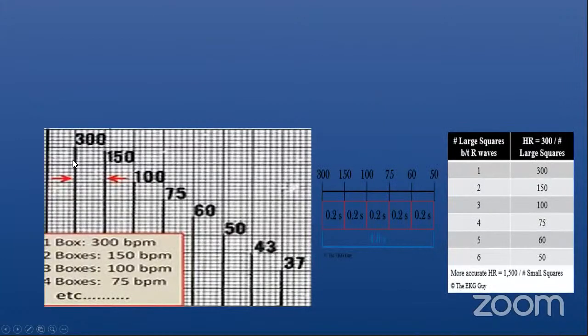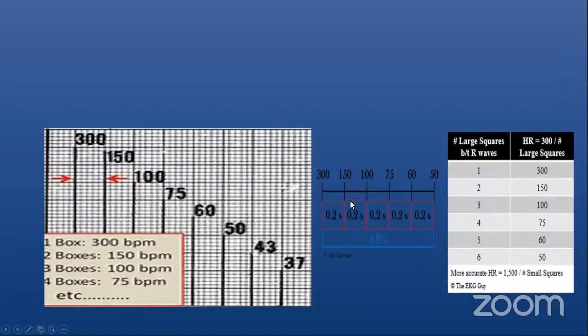So that's what I was explaining. This is one larger box. If one R wave is there and the second R wave is there, that completes one cardiac cycle, so that will be a rate of 300. If the second one is two boxes away, the rate will be about 150, then 100, and so on. It's just because you know the speed at which the ECG paper is running.